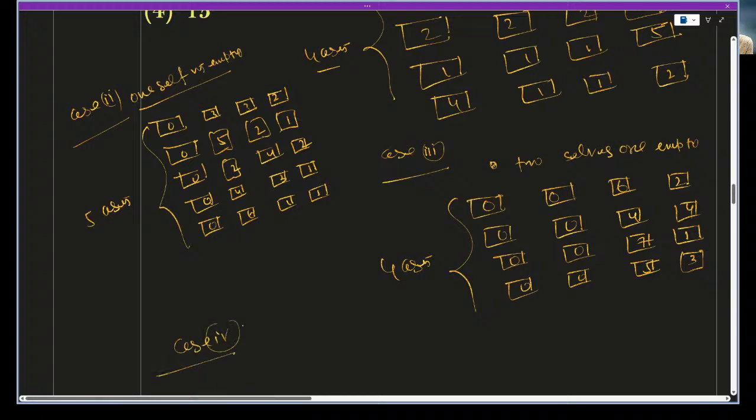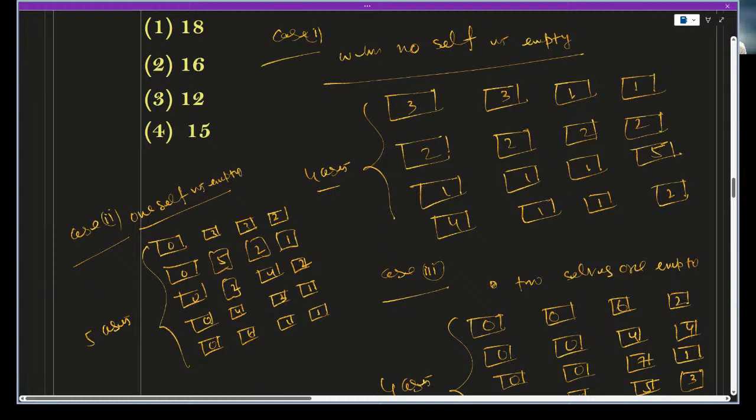Case 4, when 3 cells are empty. Then how many cases will be there? There, just one case, because 8. Is there any other case? Please check once. Only one more case will be there.